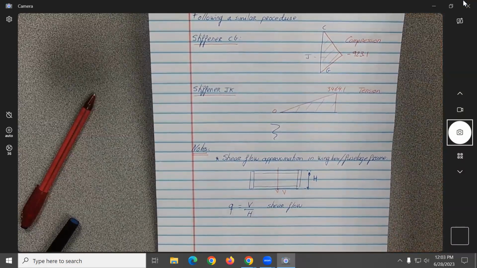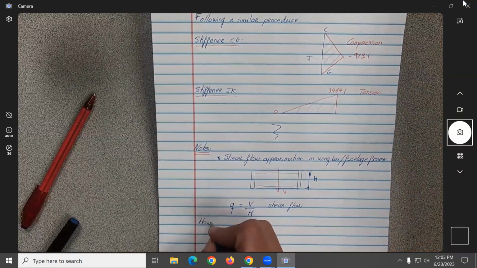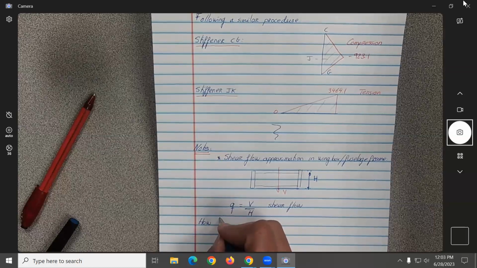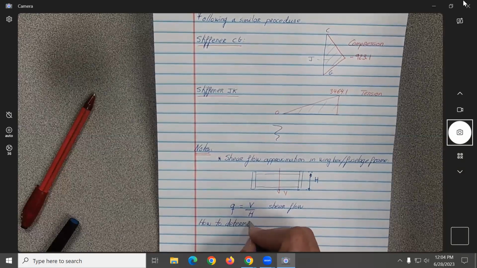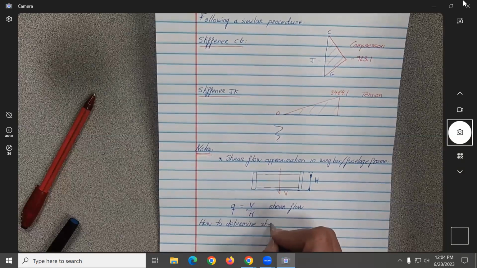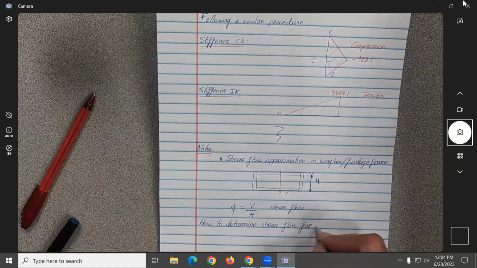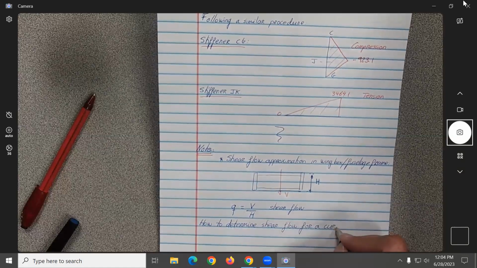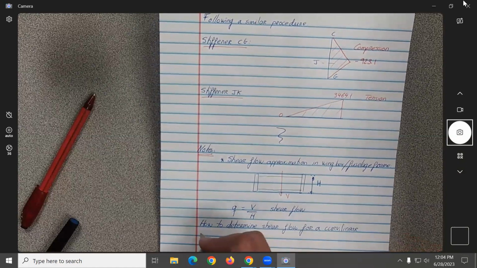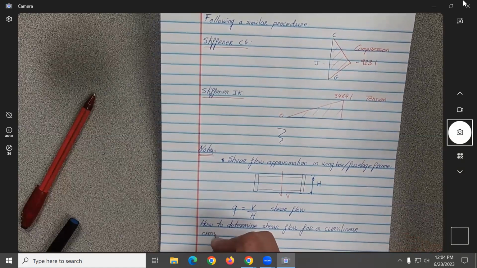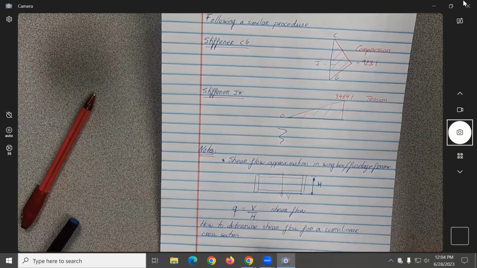So now the question is, how to determine shear flow for a curvilinear cross section.